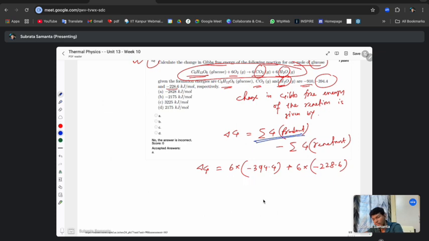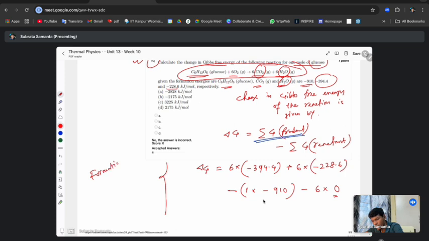Minus the reactants. C6H12O6, the glucose, is 1, so 1 times minus 910, minus 6 times 0, because the formation energy of O2 is 0.